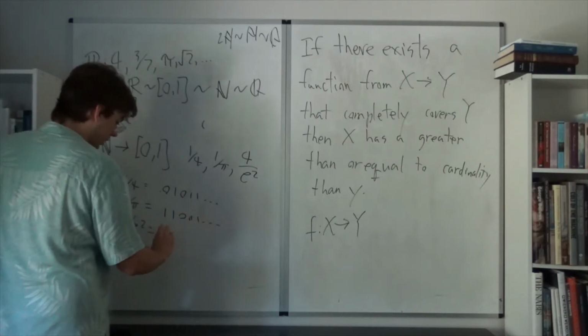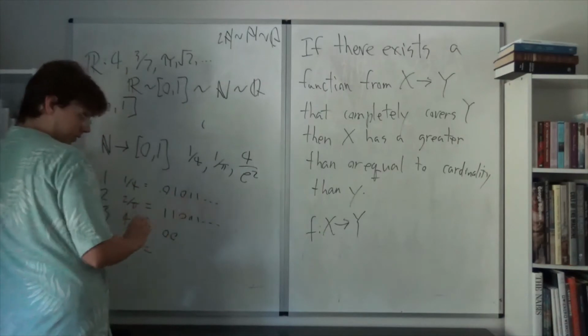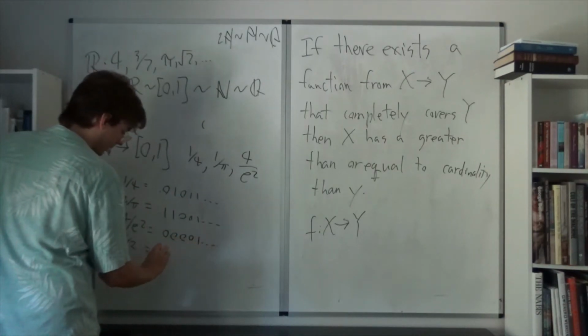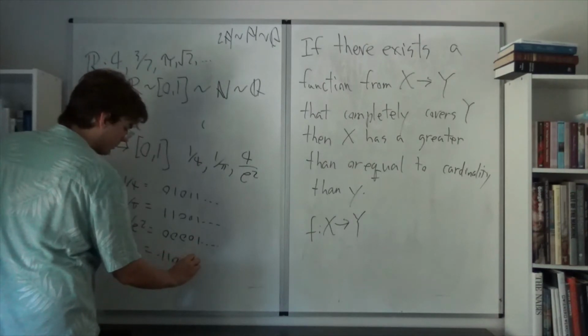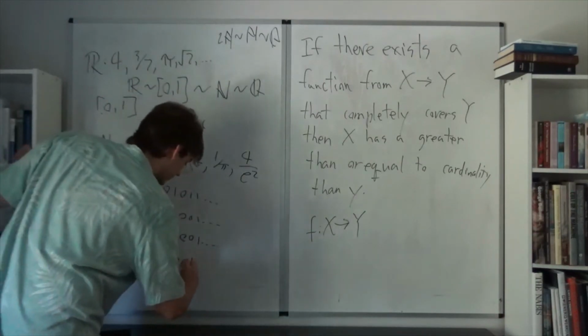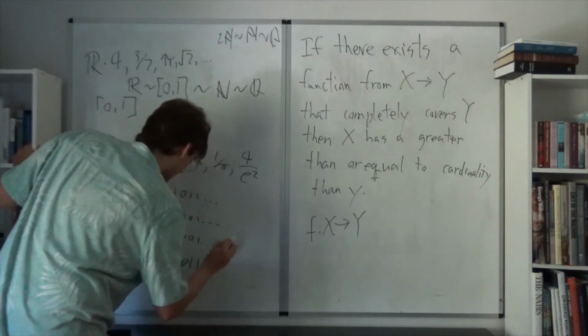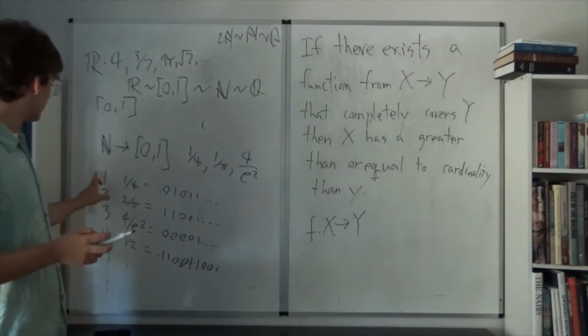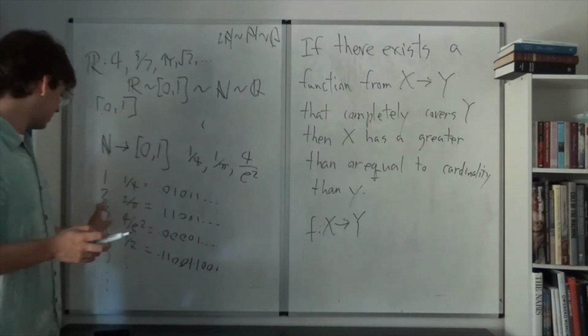By the way, these are wrong, just in case you were wondering. But I have some list that goes on and on like that. Okay? And so this is my list. It sends 1 onto there, 2 onto there, 3 onto there.